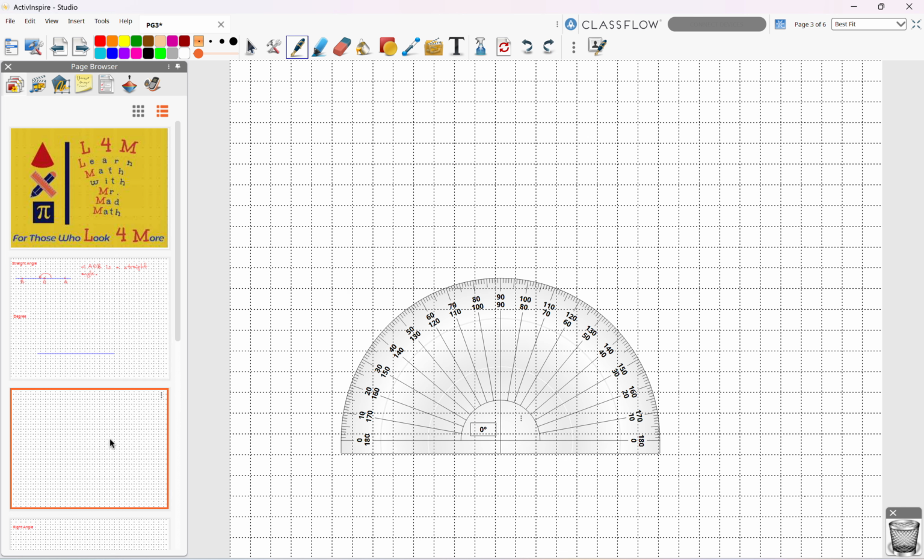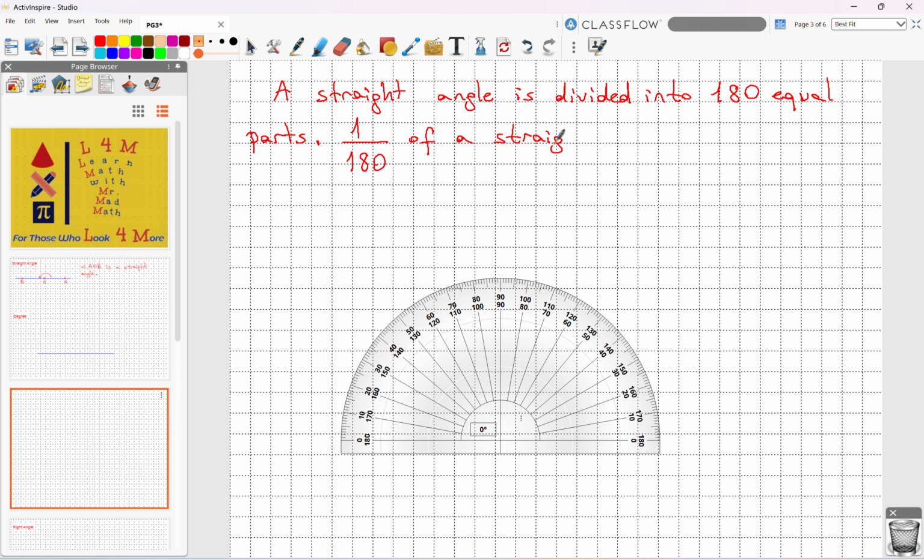Okay, so I'm writing the definition on the next page. I say a straight angle is divided into 180 equal parts, and 1 over 180 of a straight angle is called 1 degree.